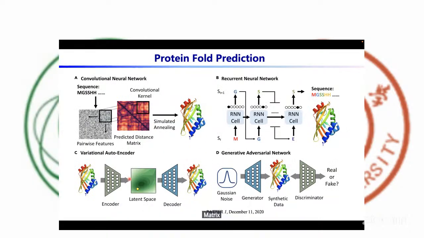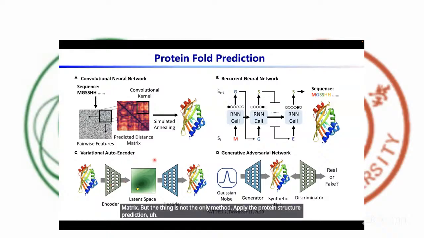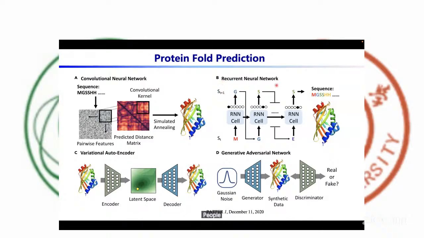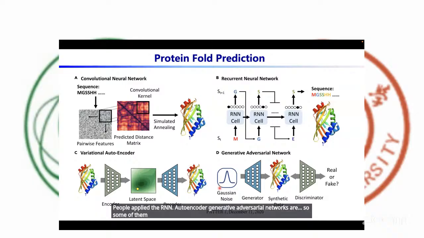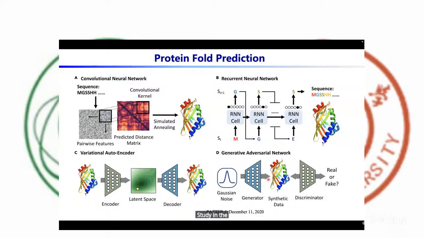But CNN is not the only method applied for protein structure prediction. Before these few years, people applied RNN, autoencoder, generative adversarial networks. Some of them we are going to study in the subsequent lectures. But here we just focus on the CNN.